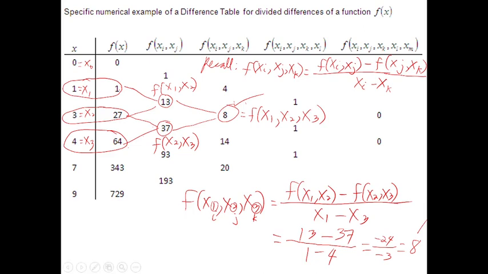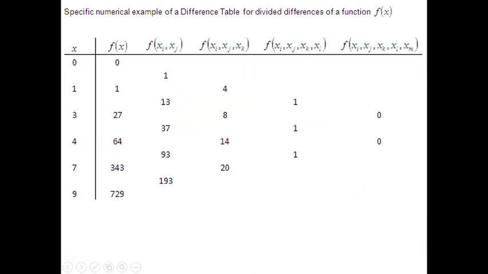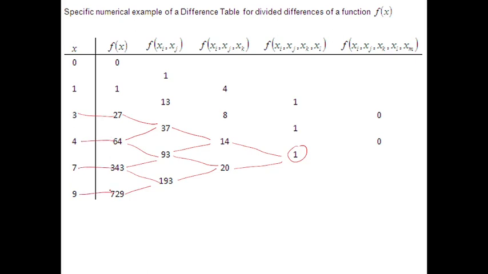So let's try one more. Let's try how we arrived at 1. So we consider this one, this one and this one, and last, this one. Therefore, this is now a function of x sub 0, x sub 1.